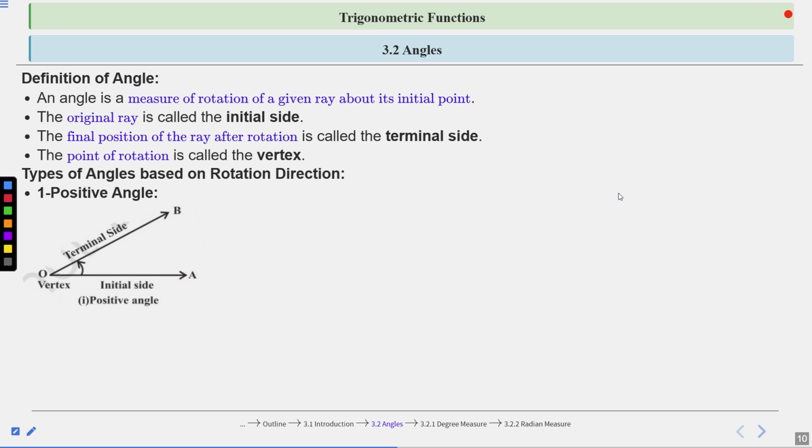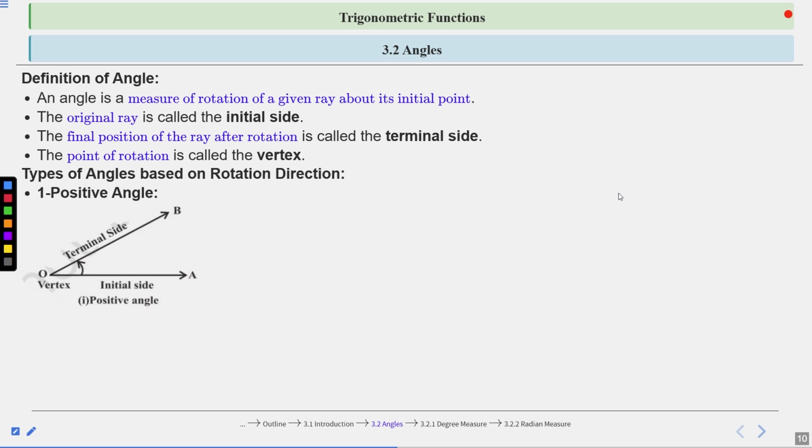Now if you go from the initial to the terminal side in an anti-clockwise direction. Anti-clockwise means, if you follow the needles of a clock, the movement is clockwise.